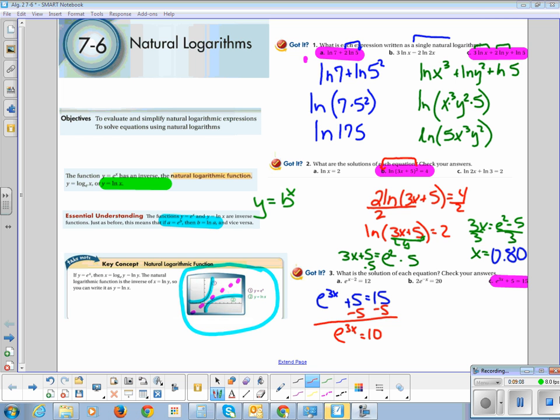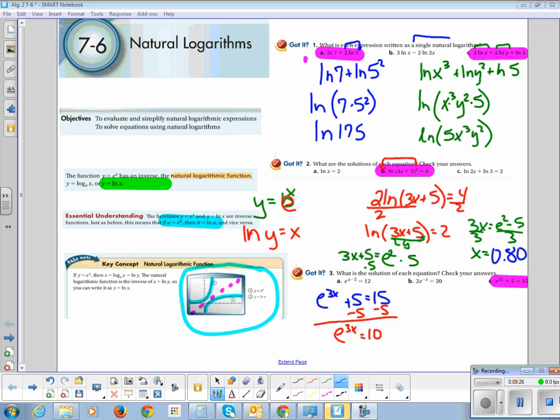This is what form it's in. I want to change it to natural log of y equals x. This is the base. So I'm going to convert that.